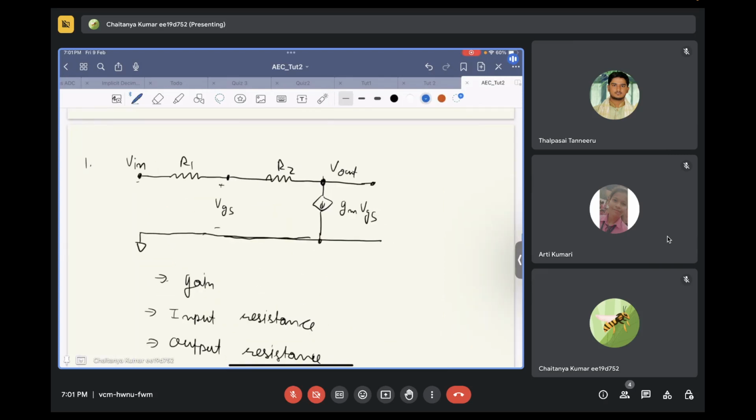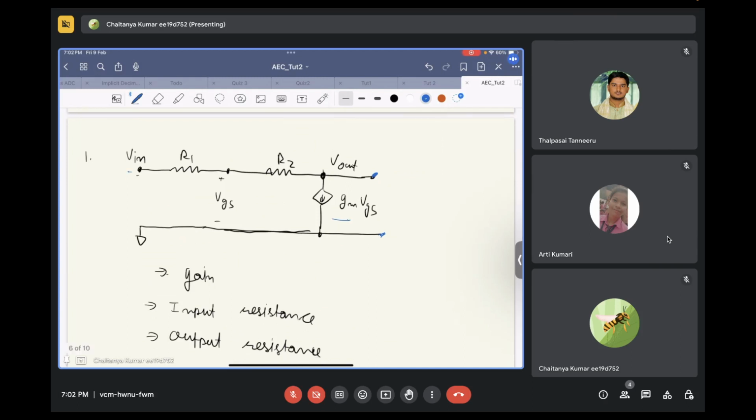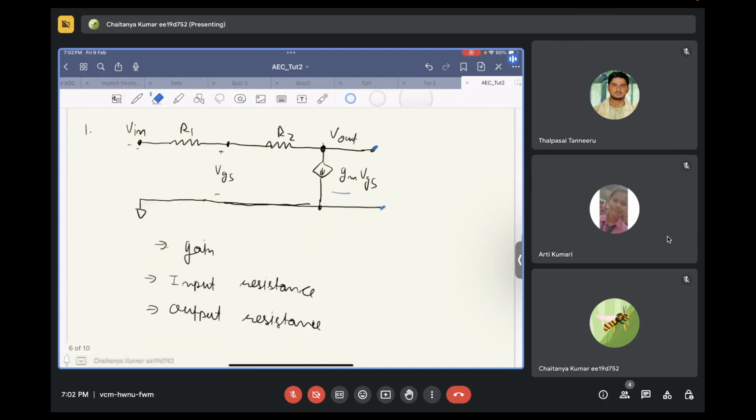So this is a circuit with one voltage controlled current source at the output, and from input to output you have to find the gain, the input resistance, and the output resistance.